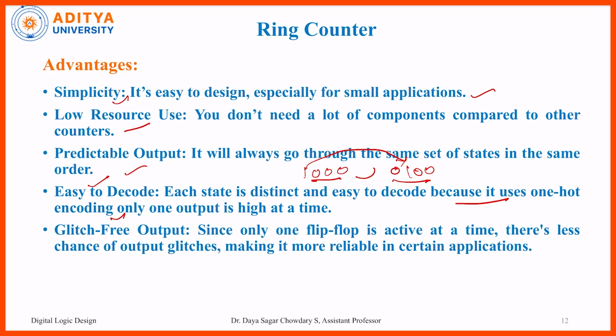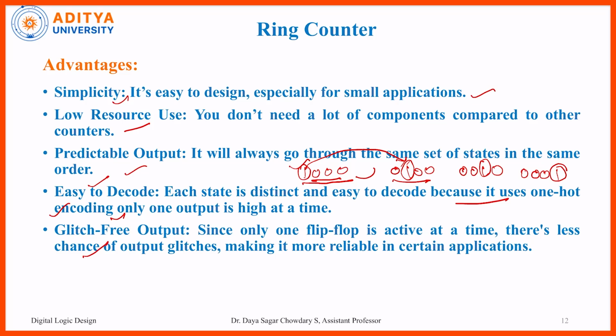That means in this particular state only one output is there, and if the next state is there, again only one output. So it is easy to decode the output, and glitch free.